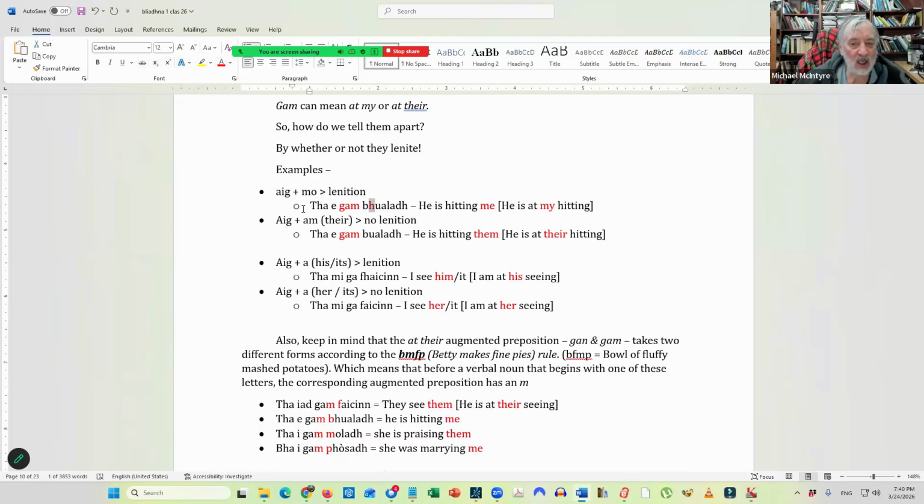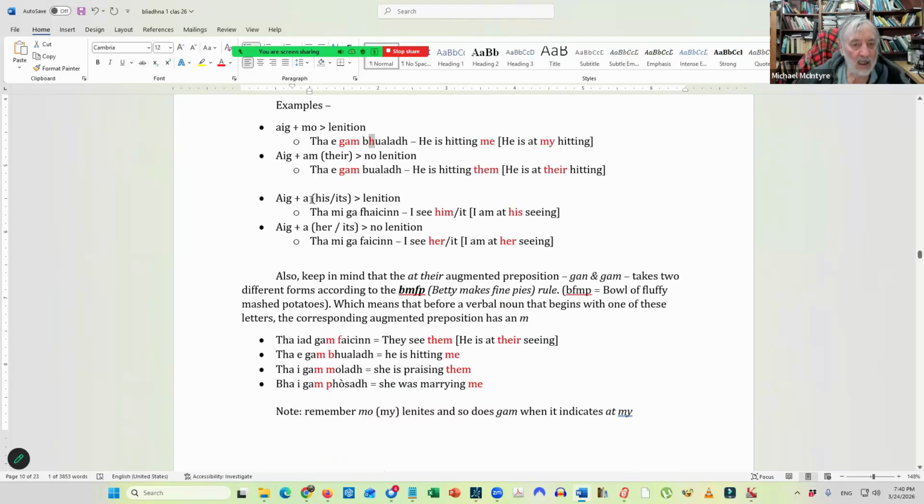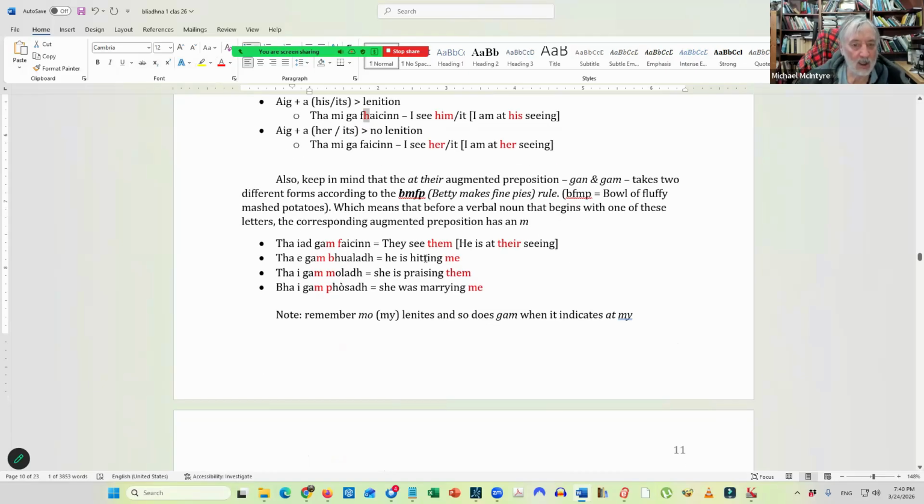Hae gamvulak, he is hitting me. Okay. Hae gambulak, he is hitting them. Ek a, his. Hami echen, I see him. Echen. Okay. At her, there's no lenition. I see her. Okay.